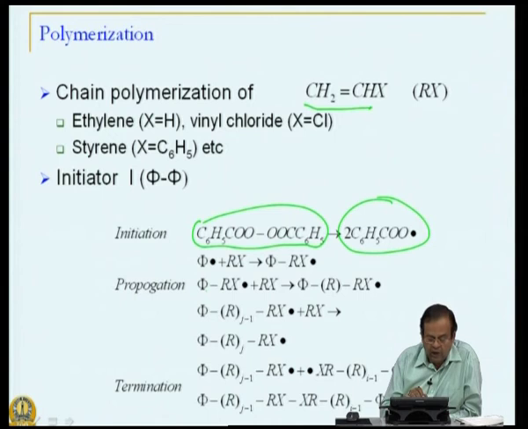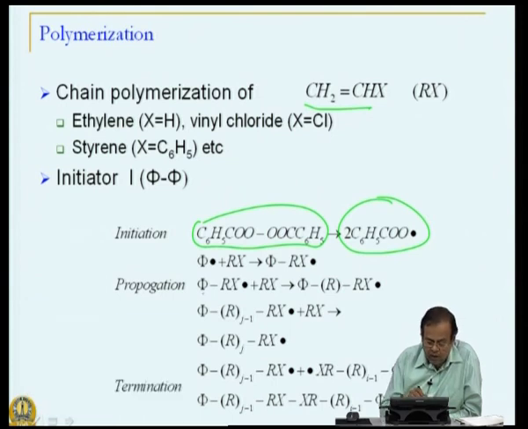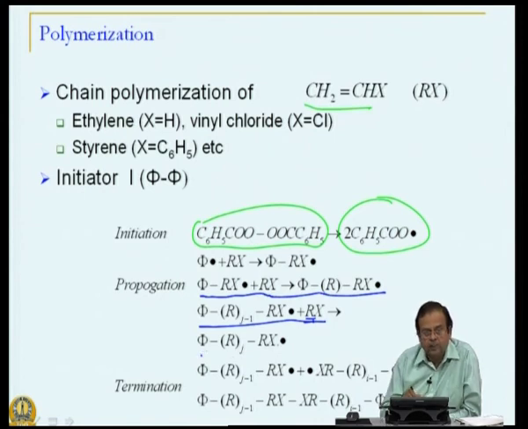Then this phi Rx dot, in a propagation reaction, binds with Rx and gives rise to phi R Rx radical, and this reaction continues. So, for example, this particular radical addition of Rx gives rise to phi Rj Rx.